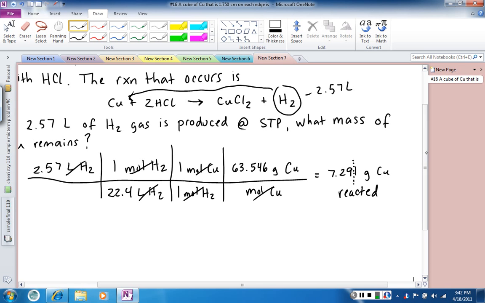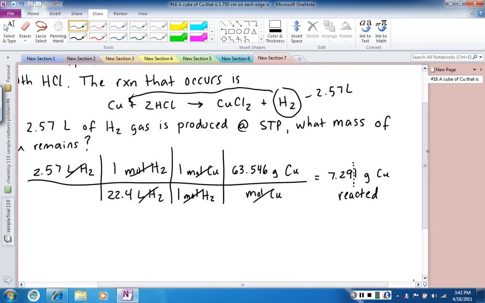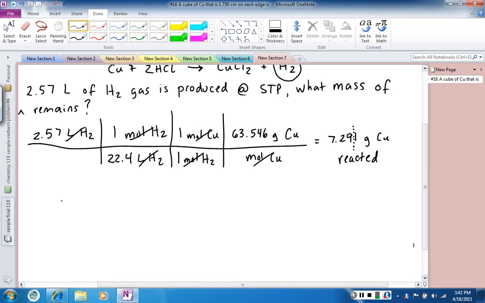So how do we figure out how much copper we had initially? Well, we've got this cube of copper here, and each side is 1.750 centimeters. The volume of a cube equals the width times length times height.